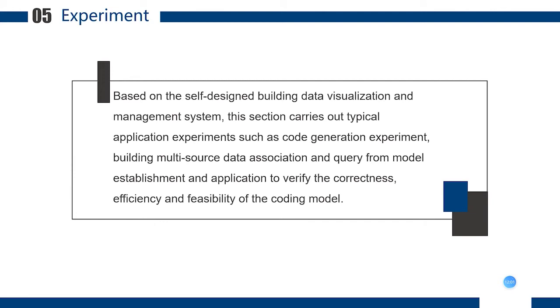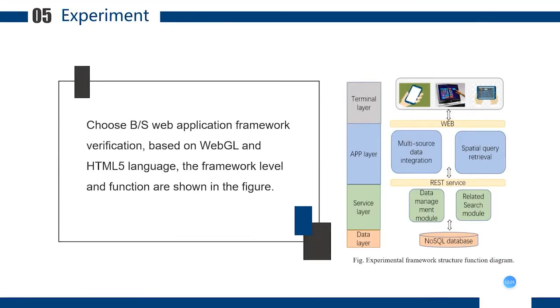This section carries out typical application experiments such as code generation experiments, building multi-source data association and query, to verify the correctness, efficiency, and feasibility of the coding model. Choose B/S as the web application framework, with verification based on WebGL and HTML5 language. The framework name and function are shown in this figure.